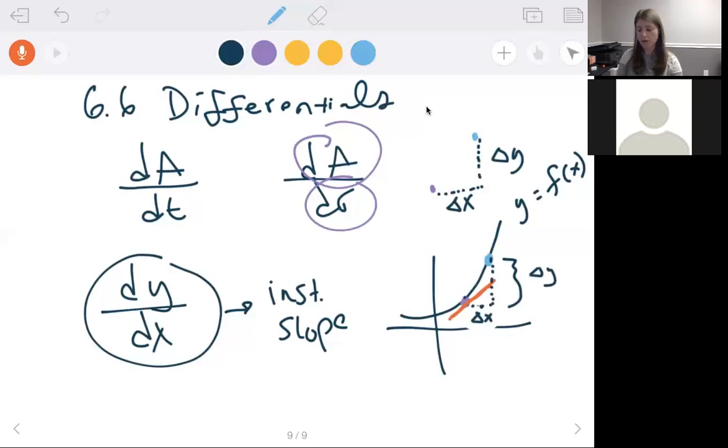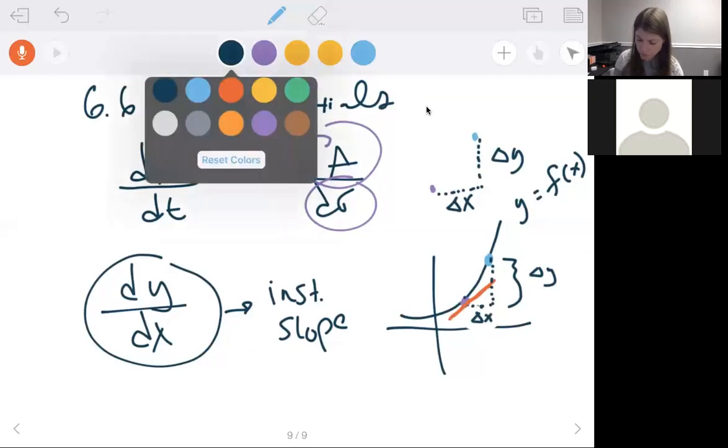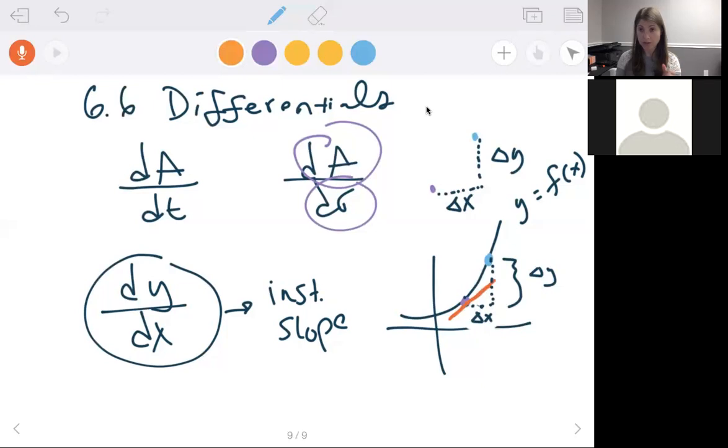Now, in terms of what a differential does, this idea of a differential is related to the tangent line or to the derivative. So for a differential, instead of delta x, we change to dx. And instead of delta y, we change to dy.